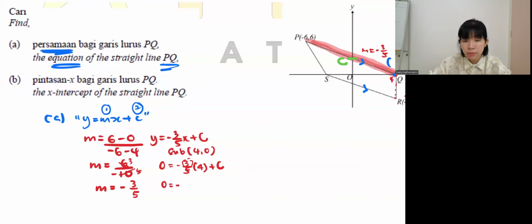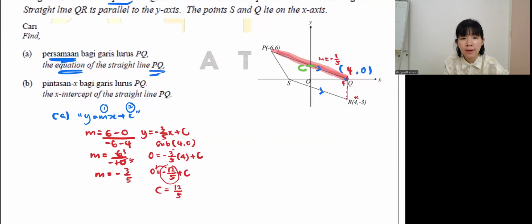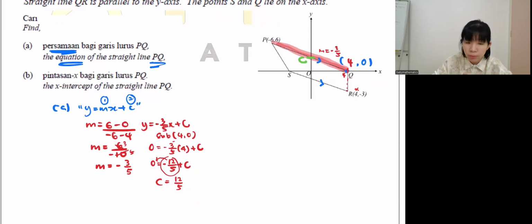Then 3 times 4 is 12 over 5, plus c. So -12 over 5 brought over, c equals +12 over 5. Now c is ready, m is ready. So write the whole thing again: y equals -3 over 5 x plus 12 over 5. And this is the equation.